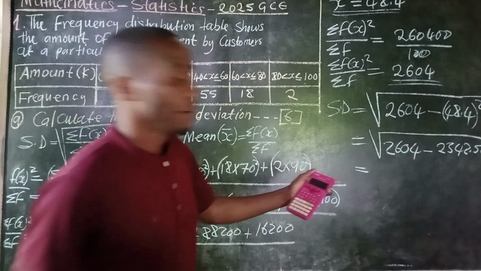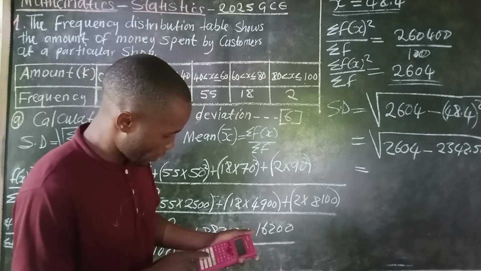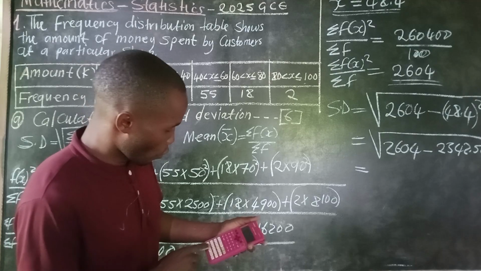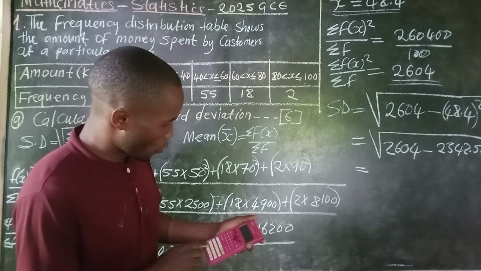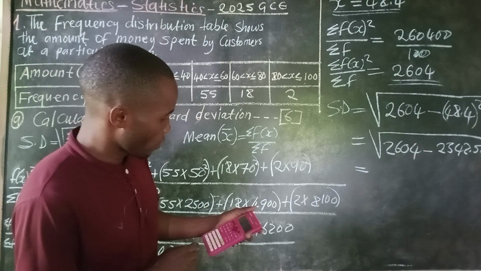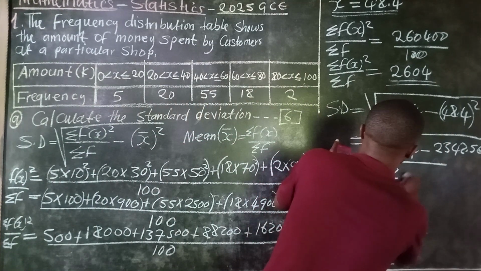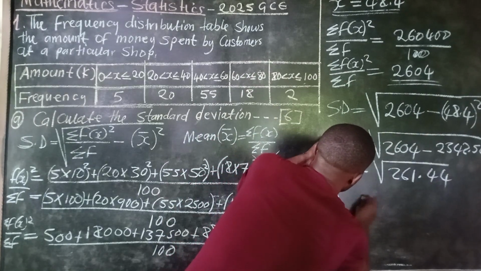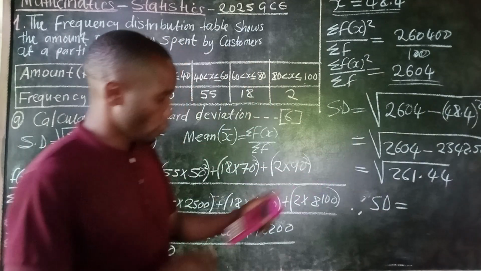So now from there, we can just subtract and see what we are going to have. 2,604 minus 2,342.56. The answer is going to give us the square root of 261.44.